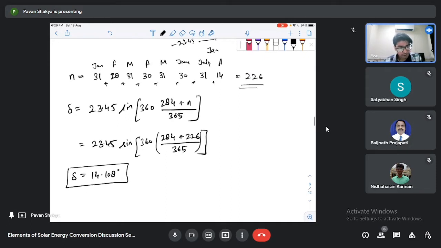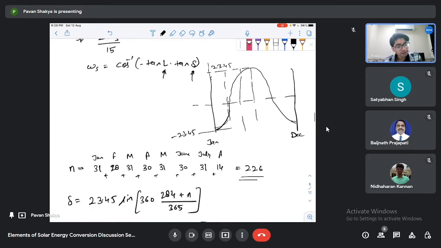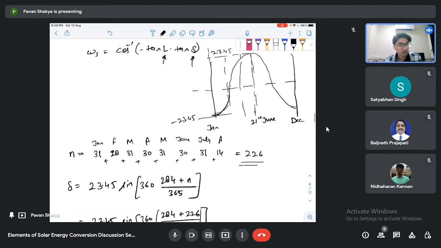Also we can see from the figure that the peak, that is 23.45, occurs on 21st June. After that its value decreases and it comes to be 0 on 21st September.